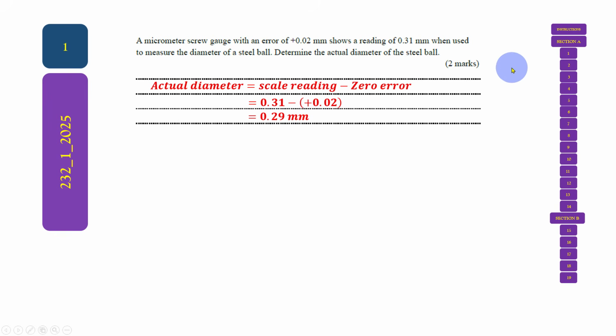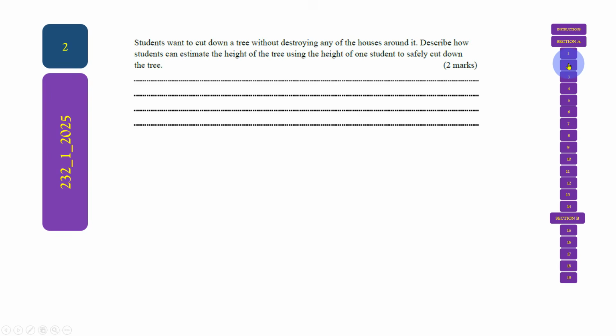Let's go to question number 2. In question 2, we are given that students want to cut down a tree without destroying any of the houses around it. Describe how the students can estimate the height of the tree using the height of one student to safely cut down the tree.